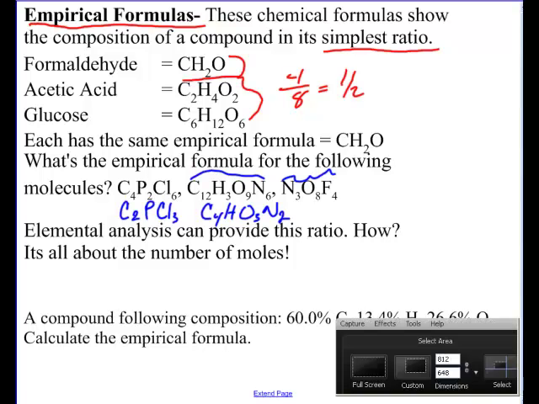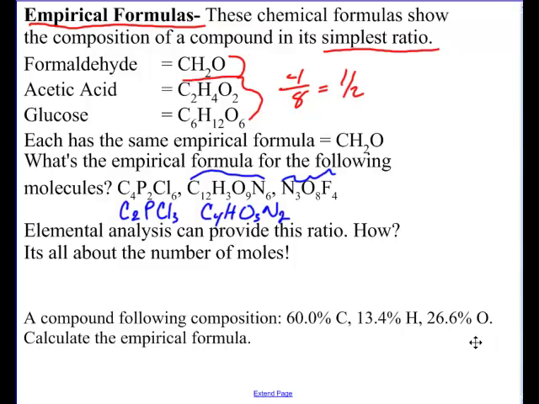Now how can this ratio be found? Well, it all has to do with the number of moles, and that's where our percent composition comes in. So let's say, for example, I had this unknown chemical, and the percent composition of this unknown chemical was 60% carbon, 13% hydrogen, 26.6% oxygen.